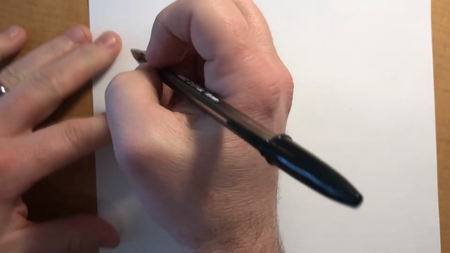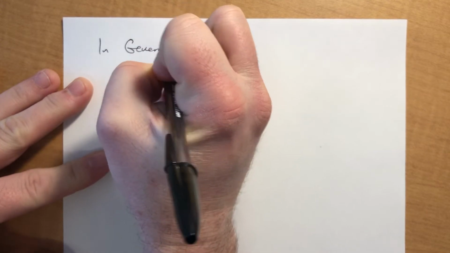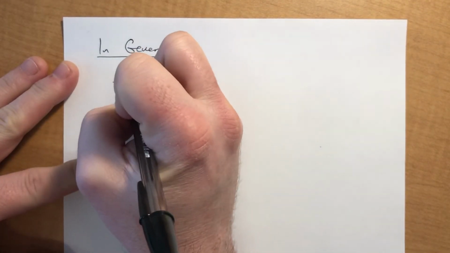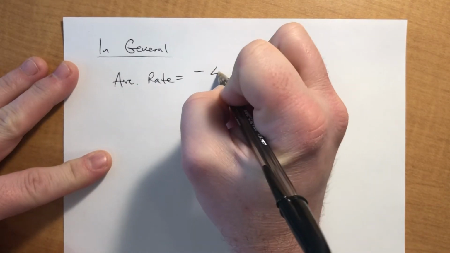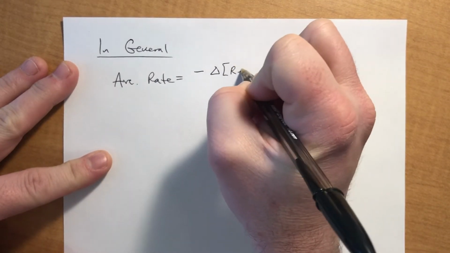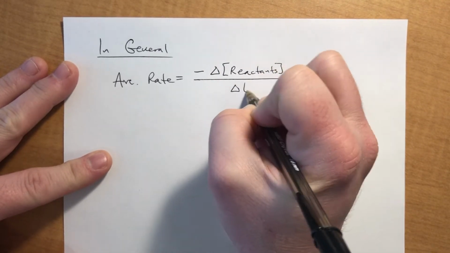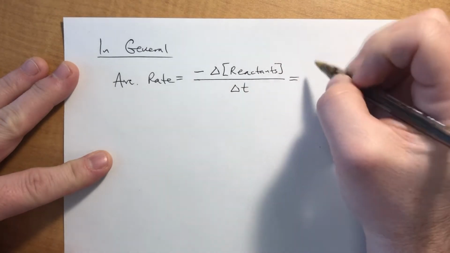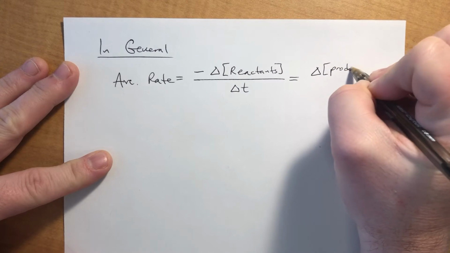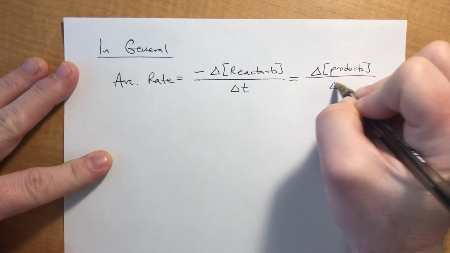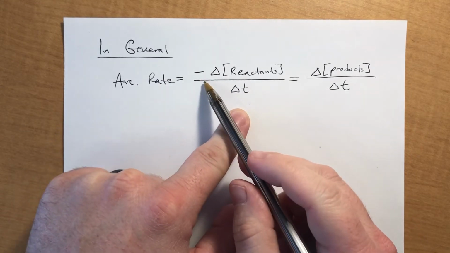So, in general, no matter what reaction you've got, it's going to look approximately like this. The average rate is always going to be equal to negative delta concentration of reactants divided by delta T, or it's the same thing as the positive change in concentration of products divided by delta T. Because the reactants are getting used up, the negative sign will make it positive.